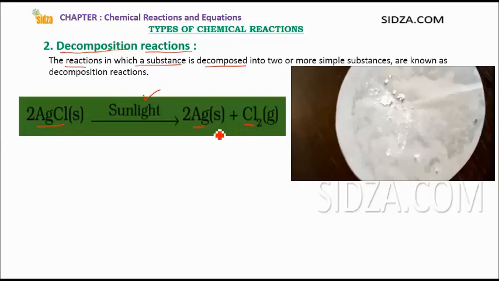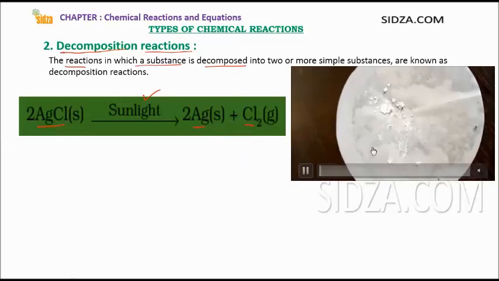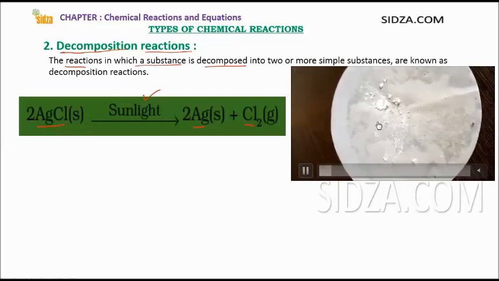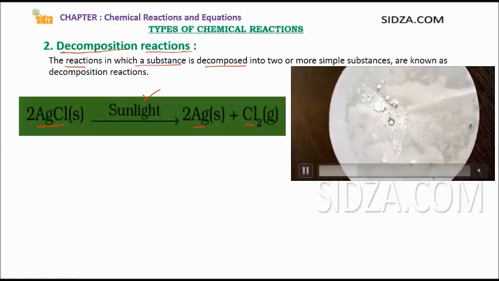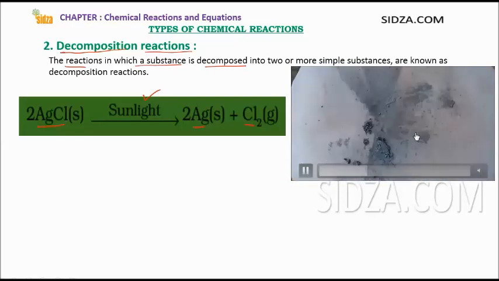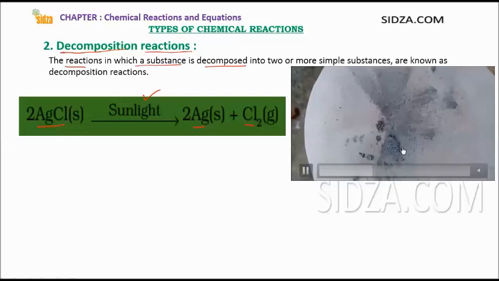Here again I have prepared a video of this silver chloride getting decomposed into silver and chlorine. Let's have a look at this video. You can see this is the silver chloride that I have prepared in the lab. Quickly after preparing it, I take it on the filter paper, and you can see initially it is a white precipitate, but once I go outside my lab with this filter paper, within no time it changes its color.